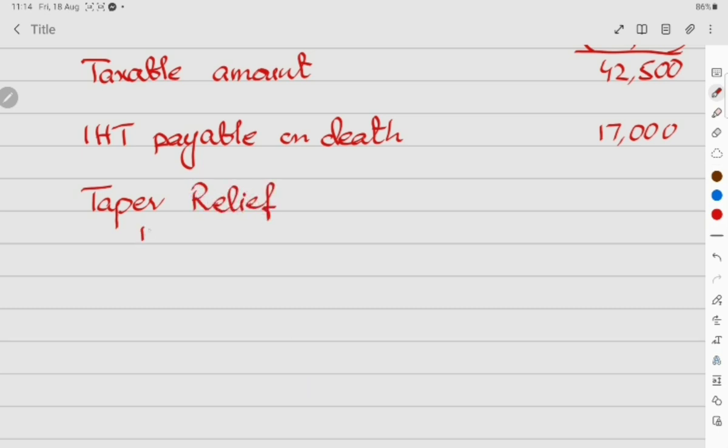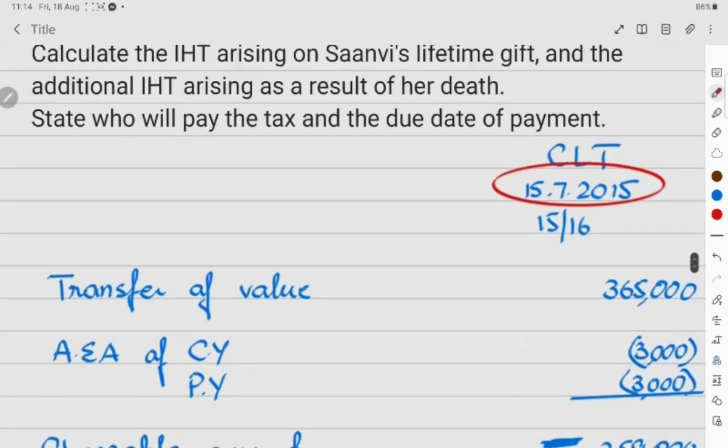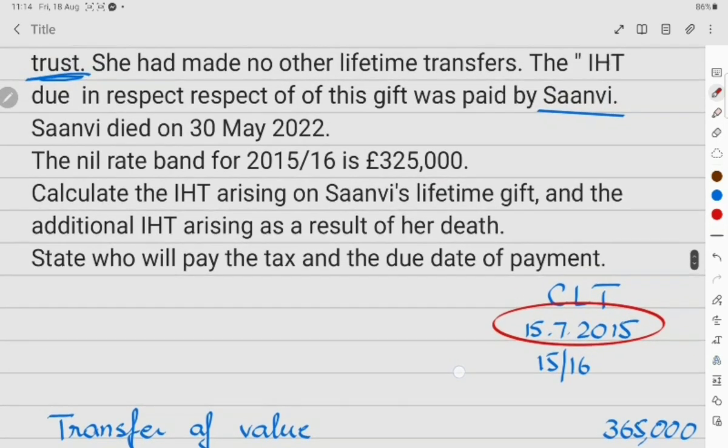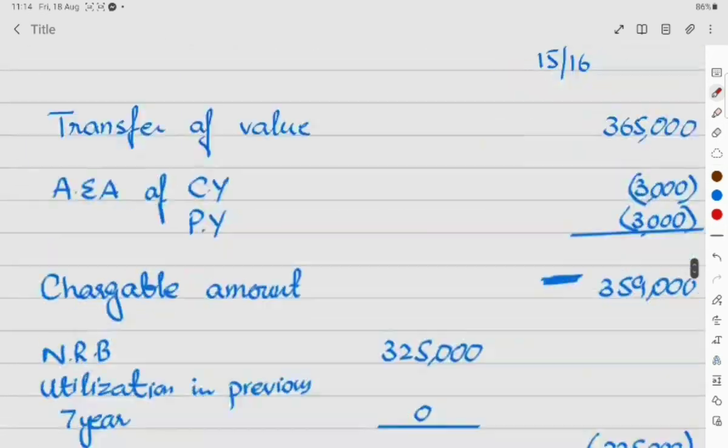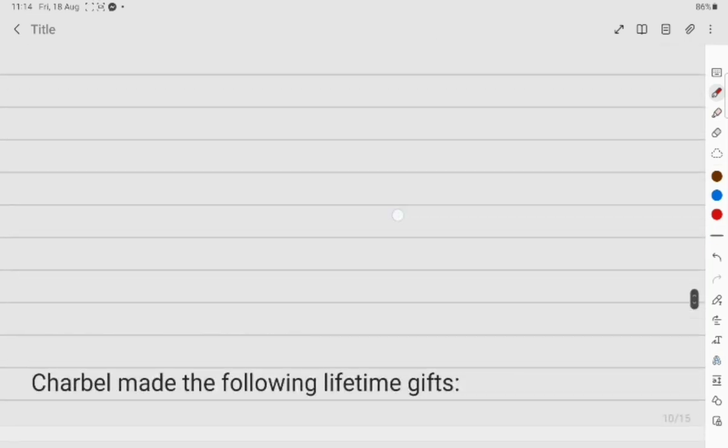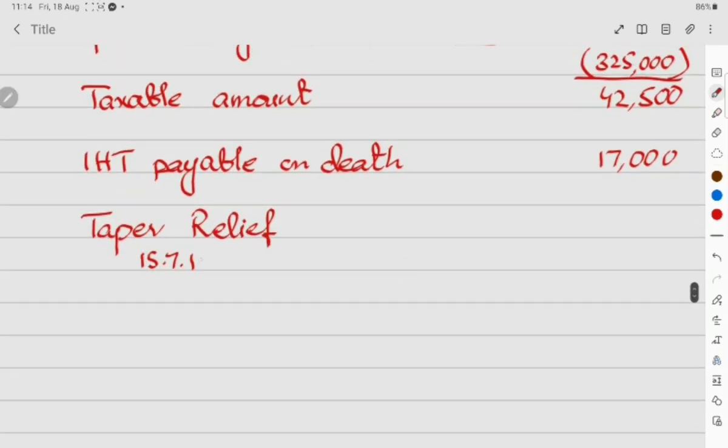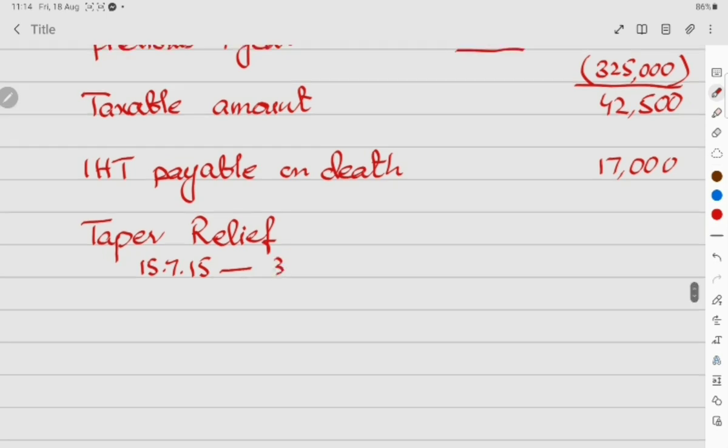The date of gift is 15th July 2015. From this to the date of death, which is mentioned as 30th May 2022, it is a period of 6 years and some months, before the 7th anniversary of 15 July.